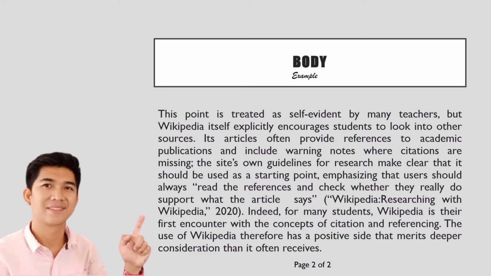The site's own guidelines for research make clear that it should be used as a starting point, emphasizing that users should always read the references and check whether they really do support what the article says (Wikipedia, Researching with Wikipedia, 2020). Indeed, for many students, Wikipedia is their first encounter with the concepts of citation and referencing. The use of Wikipedia therefore has a positive side that merits deeper consideration than it often receives.